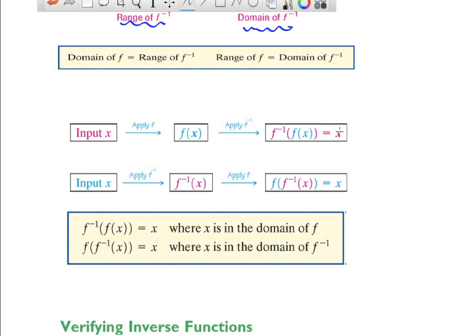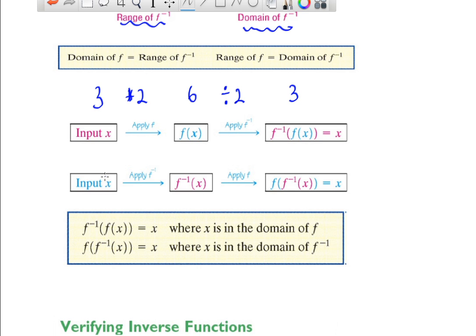You're at x. For example, if I take 3 and I multiply by 2, I end up at 6. The inverse of multiplying is dividing. So if I divide by 2, I am back at 3. If it's an inverse for us in algebra or in our class in Precalc, then it does have to work both ways.